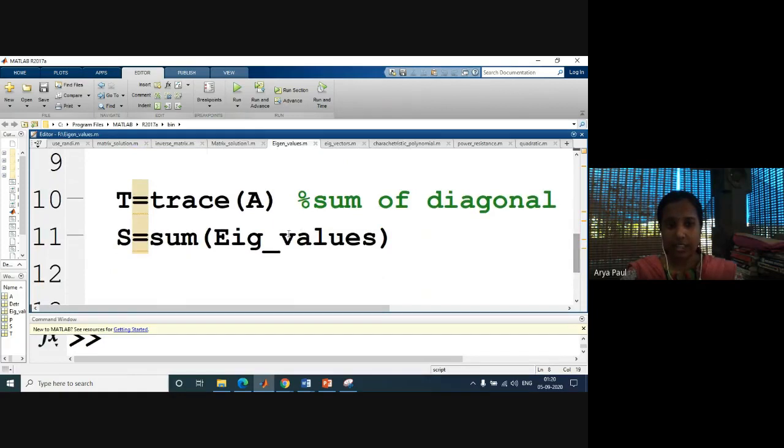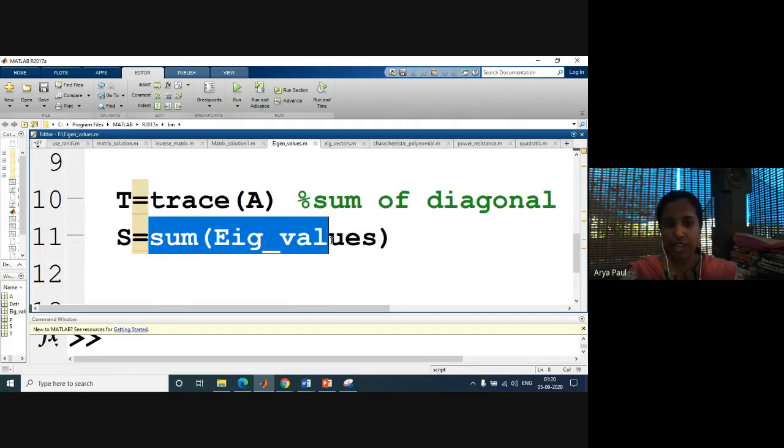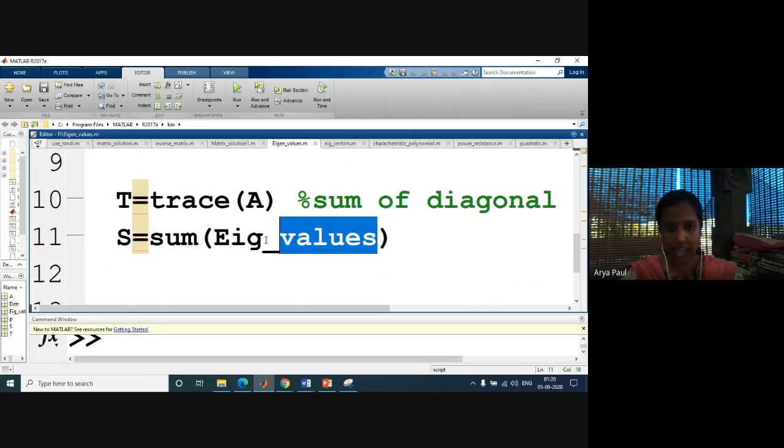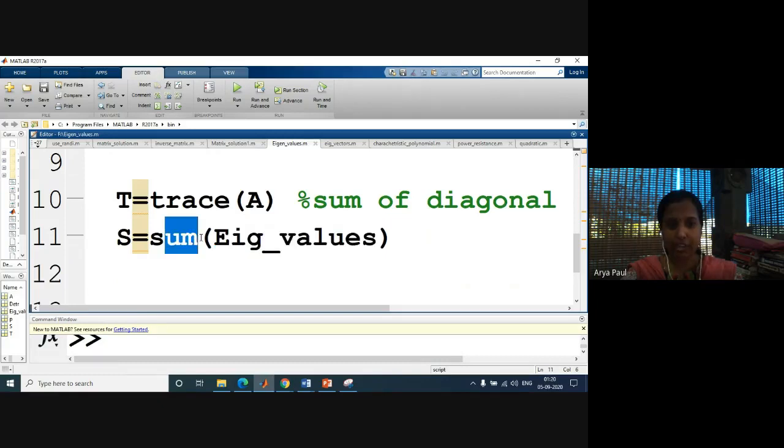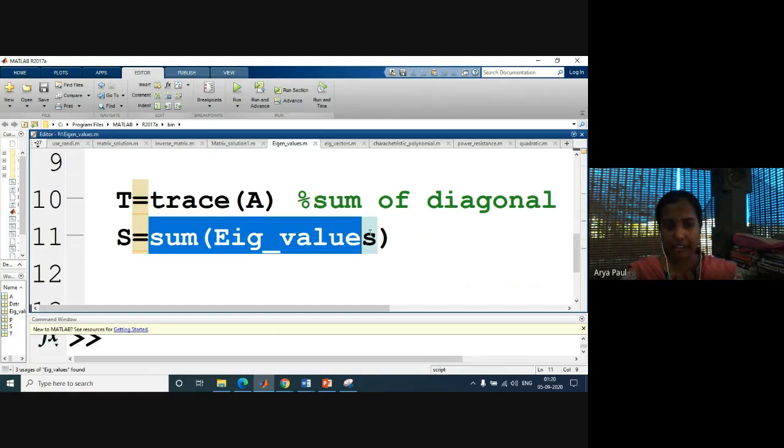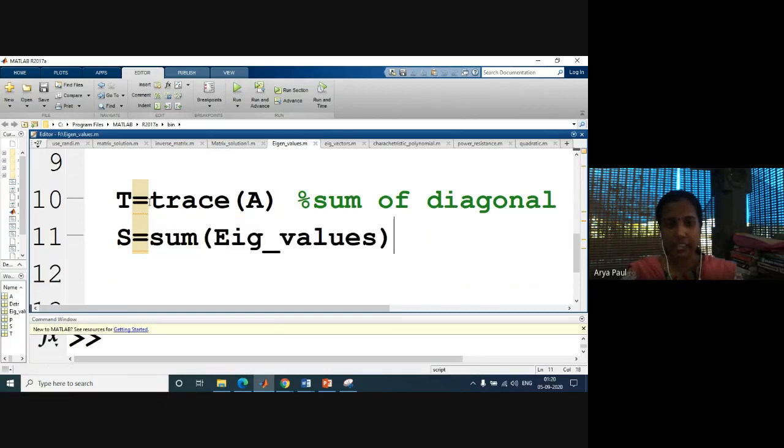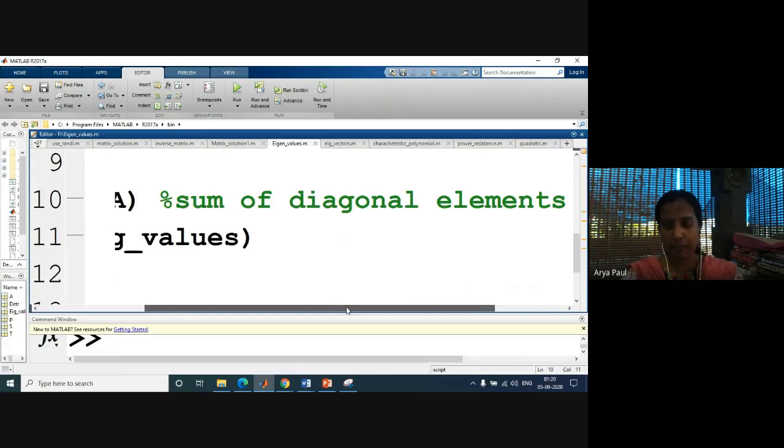Similarly, the eigenvalues form an array, so if you find the sum, it will give you the sum of all the eigenvalues. The sum of all the eigenvalues will be the same as the trace of A. What do you mean by trace? Trace is the sum of the diagonal elements of the matrix. trace is a built-in function used to find the sum of the diagonal elements.